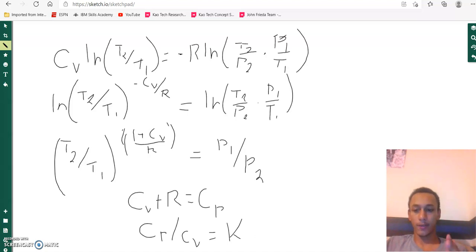So now we're trying to find temperature as it changes due to pressure. We'll remember this equation as I make a new sheet.